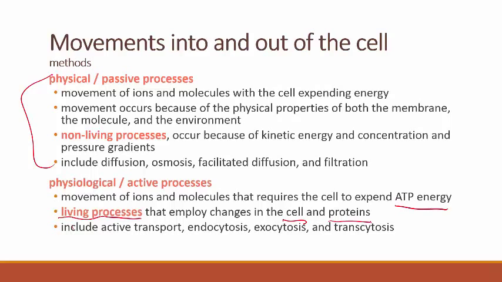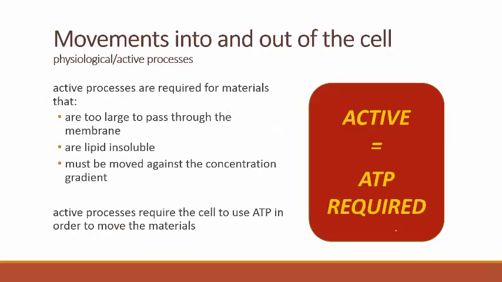There we are. Okay, so they include active transport, endocytosis, exocytosis, and then a process called transcytosis. So active processes are required for materials that are either too large to pass through the membrane, can't dissolve in that lipid bilayer, or must be moved, rather than down a concentration gradient, that is, from a high concentration to a low concentration, instead up the concentration gradient, or against that concentration gradient.